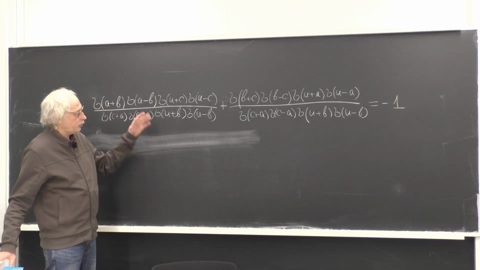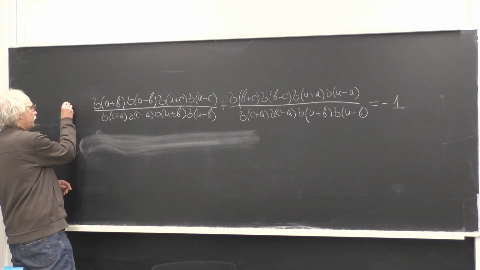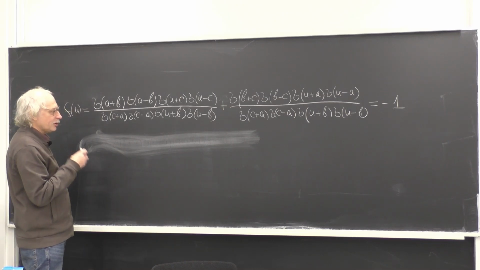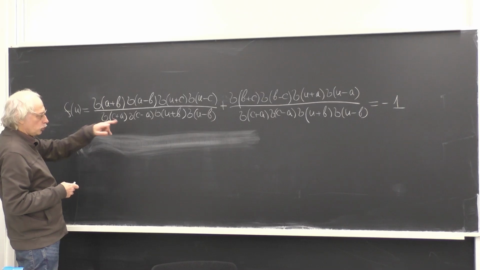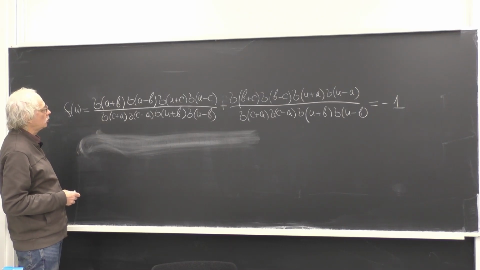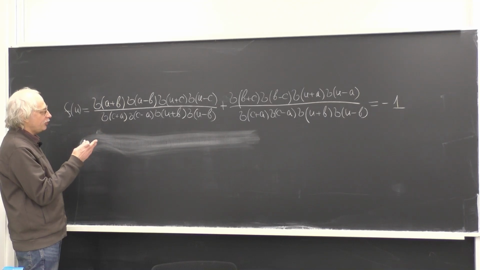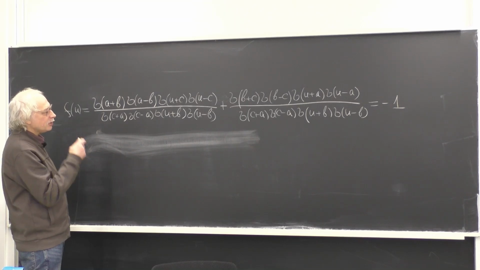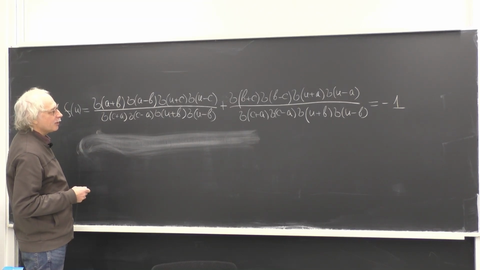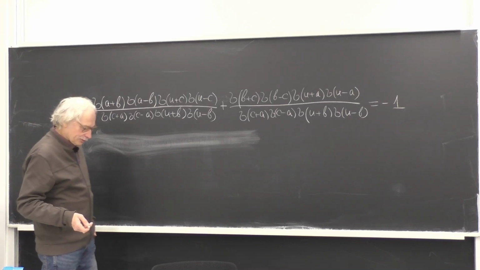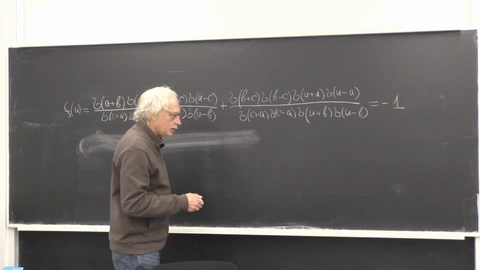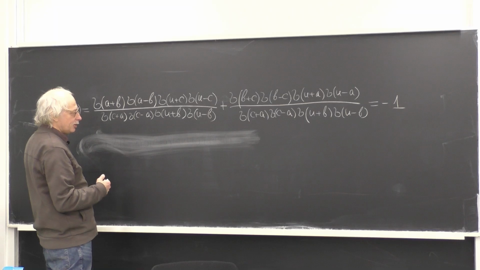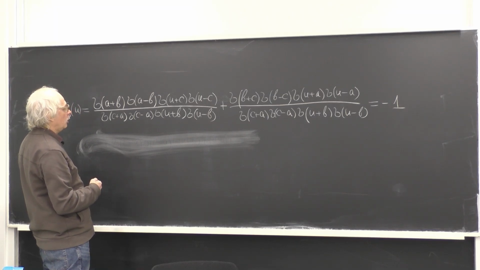Consider the left-hand side, denoted by some f, as a function of u. A, B, C, D are some parameters, and u is a variable living on the complex plane. What can we say about this function?